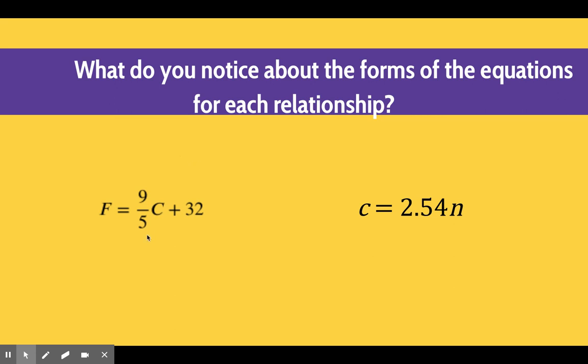If we look at the first equation, this is not of the form y equals kx because we're adding a number, 32. So only the proportional relationships are going to be of the form y equals kx. That'll help us in the future determine whether something is or is not a proportional relationship.